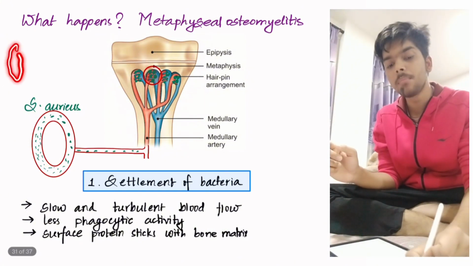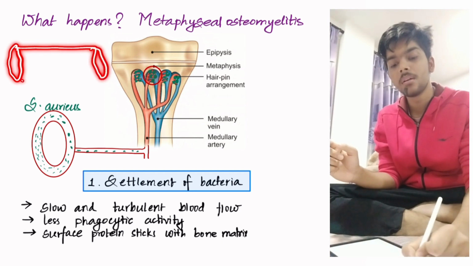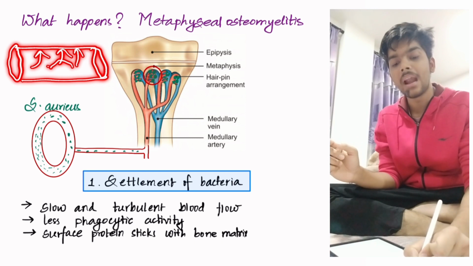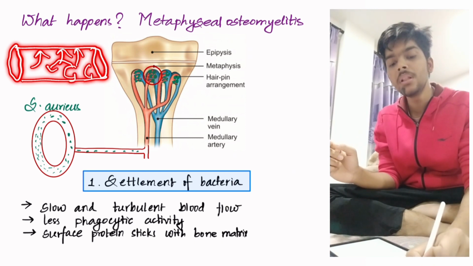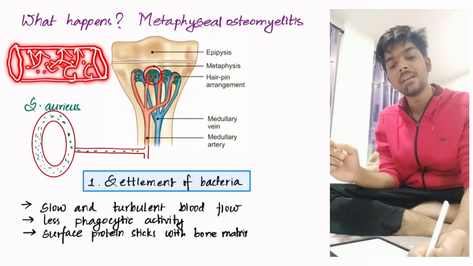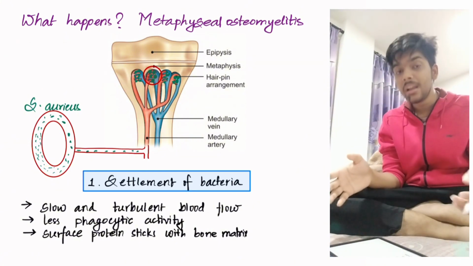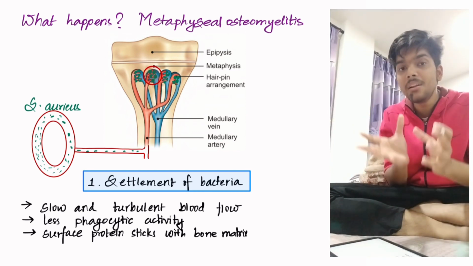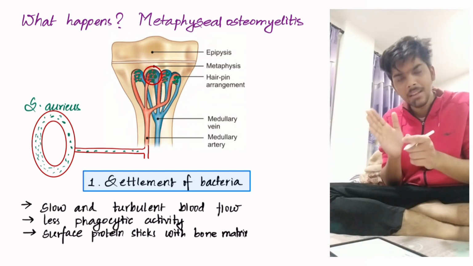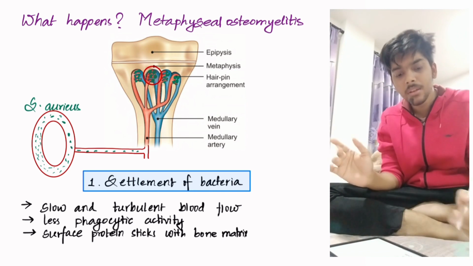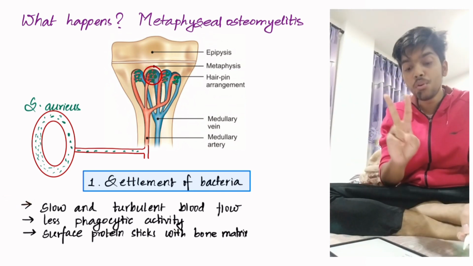However, if the blood flow becomes turbulent, the blood will start hitting the wall in a random fashion, and so will the bacteria present inside the blood vessel. Since the bacteria also hit the wall, they will get accumulated due to the friction between the bacteria and the wall of the blood vessel. Number one.